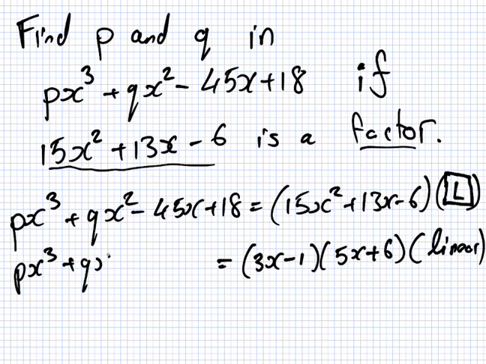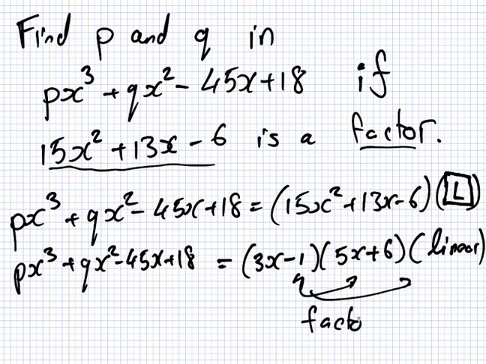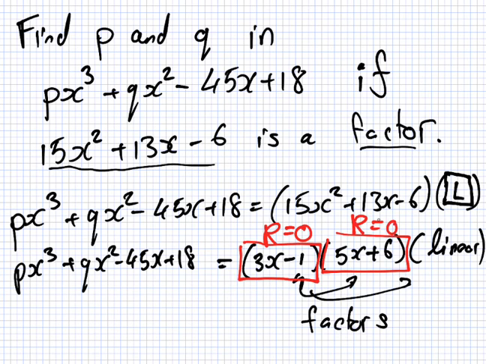So, what are these three? These three are the factors. So everybody realized, oh, so this is a factor and this is a factor. So what's the remainder here? If x is 1 over 3, the remainder should be 0, and here the remainder should be 0.